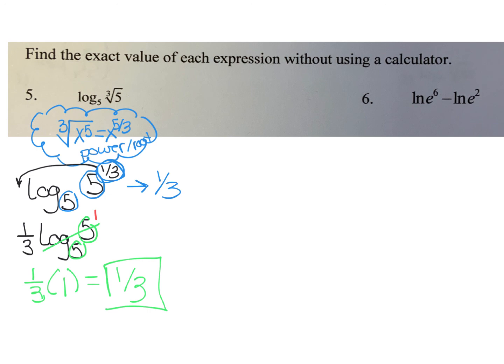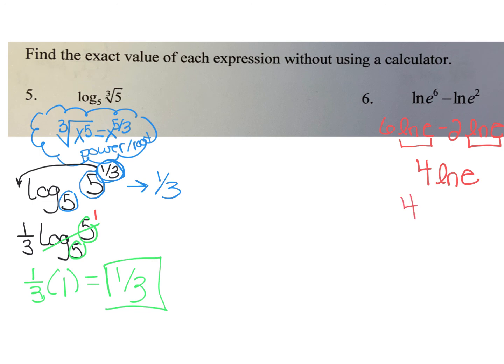Okay, let's try the next one. So the first thing I'm going to do is I'm going to drop those powers down. So I get 6 ln e minus 2 ln e. Okay, well, this and this are the same. So I have 6 of something minus 2 of the same thing. So 6 minus 2 is 4 ln e.